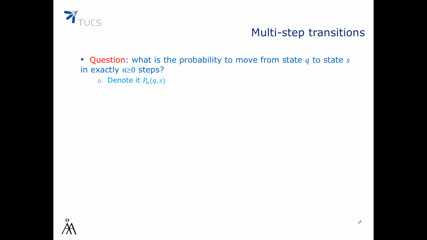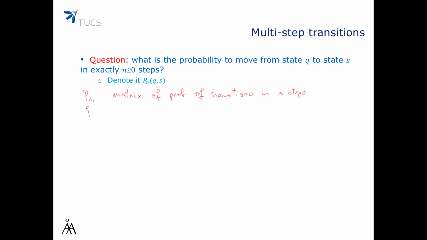We can formalize this in the following way. Let's denote by Pn the matrix describing the probabilities of transitions in n steps.